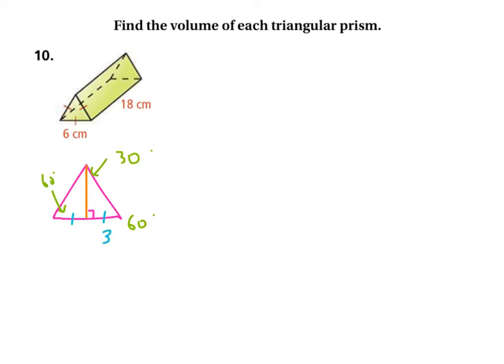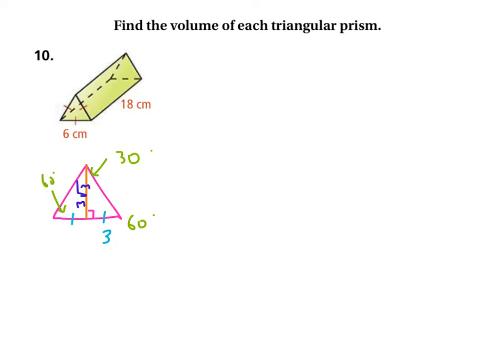Because this is the short leg of a 30, 60, 90, opposite the 30-degree angle, we know it's the short leg. And you always take the short leg and multiply it by root 3 to get the long leg. So this longer leg is 3 root 3.